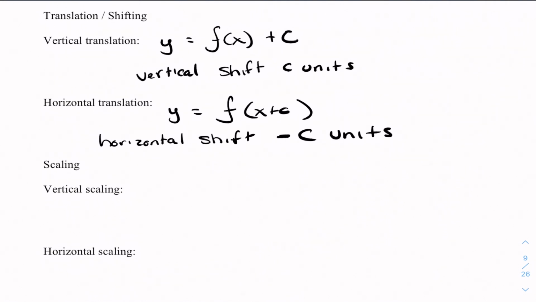If we wanted to stretch or compress a function, that is called scaling, and we stick a constant in front. So a constant multiple. If k is greater than 1, then that is a vertical stretch.